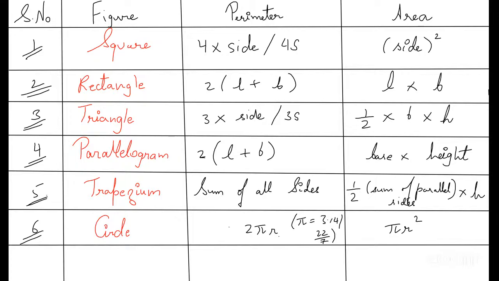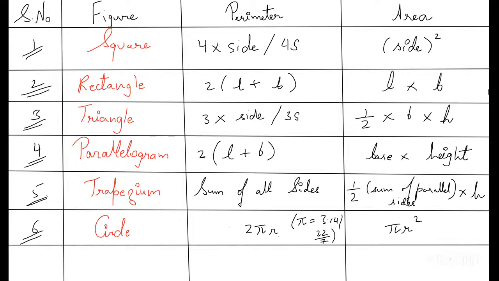Right? Any other figures that we want to cover? Majorly, we studied all of these major figures: parallelogram, triangle, square, rectangle, and circle. What else is there? Rhombus is there besides them.